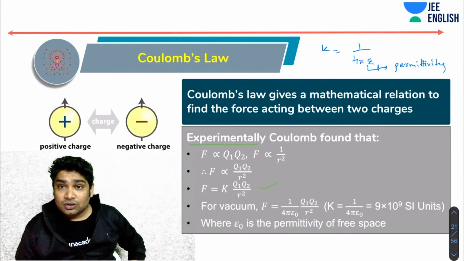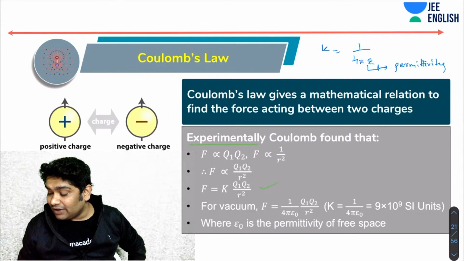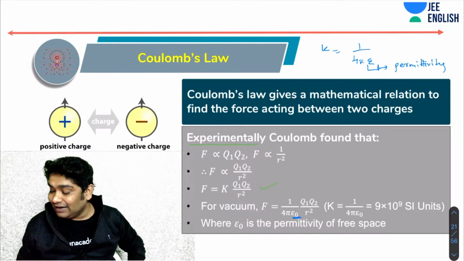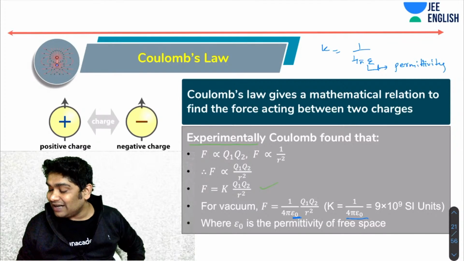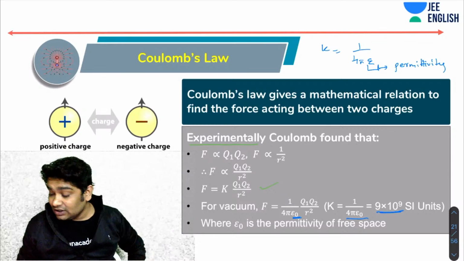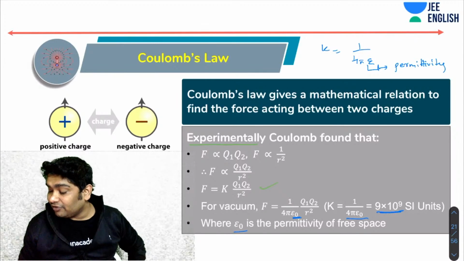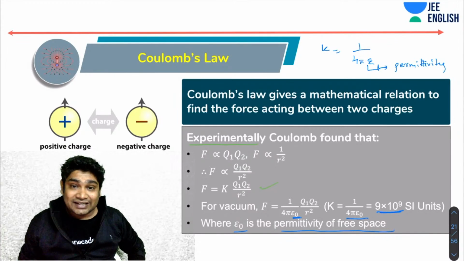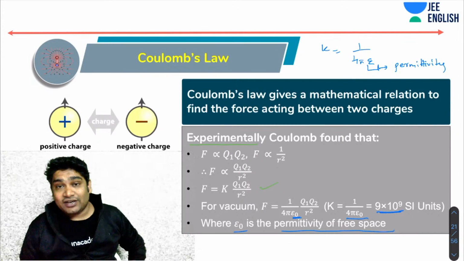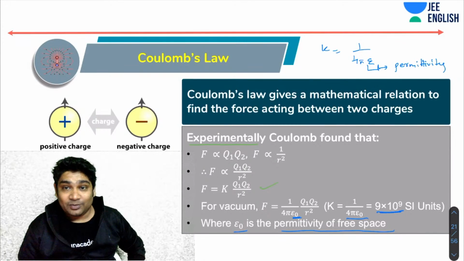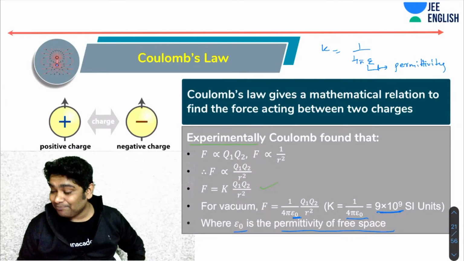Okay. So for vacuum, epsilon is represented as epsilon naught, and the value of 1 by 4 pi epsilon naught is 9 into 10 to the power 9 SI units, where epsilon naught is called the permittivity of free space. Again, you can check the dimensions of this also. A lot of questions are asked on dimensions of epsilon naught. Okay, so do practice that.